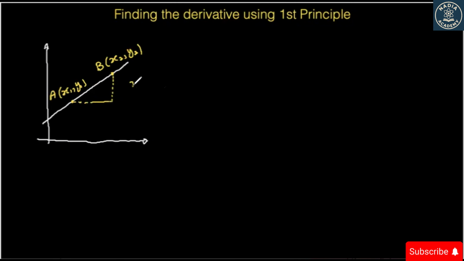So the gradient m of this line is the change in y divided by the change in x. This means it is y2 minus y1, divided by x2 minus x1. So this is a very simple way to find the gradient of a straight line.